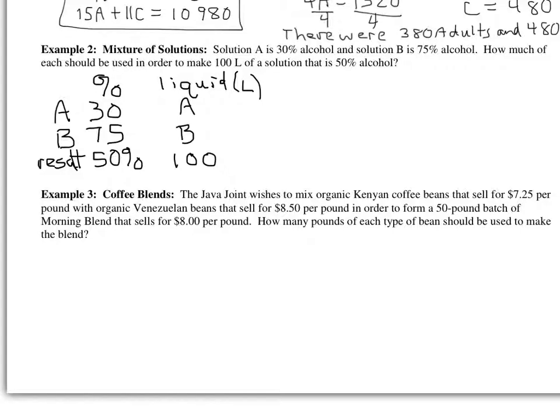We talked about before the idea of pure alcohol. If it's 30% alcohol and you have A liters, that liquid is like the of number. The 30% of the liquid is the pure alcohol.